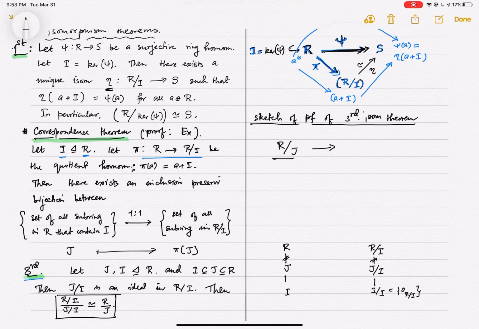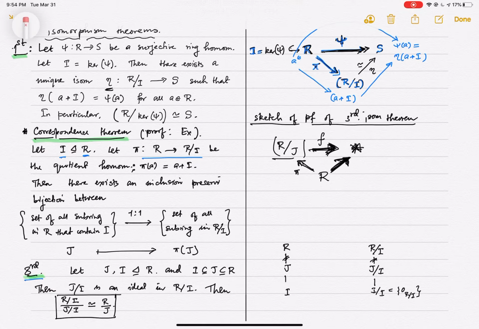So what you want to do as far as possible is define a map from R rather, and then use the first isomorphism theorem to factor through R mod J. If you get a homomorphism from R mod J to something, then you are also going to get a homomorphism from R to that thing, because in any case you have this quotient map from R to R mod J. So if you give me a function f from R mod J to some creature, I can just apply pi first and then apply f, and then I get a map from R to that creature. So in any case, if you want to construct an f here, you might as well construct a map here.